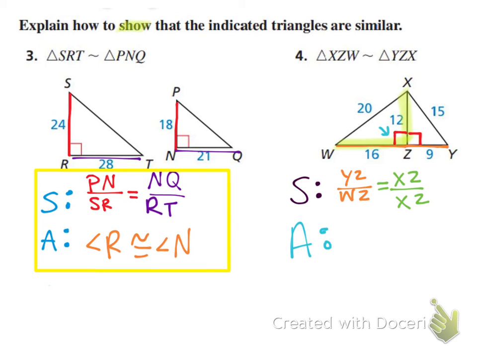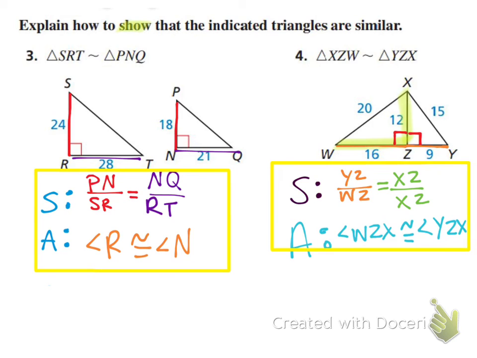And then the angle, we just list the two right angles. Can I call them angle Z? I cannot. So what can I name? We'll say the left one. Correct. Angle WZX is congruent to angle YZX. Good.